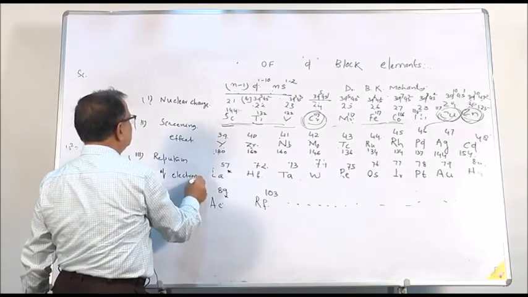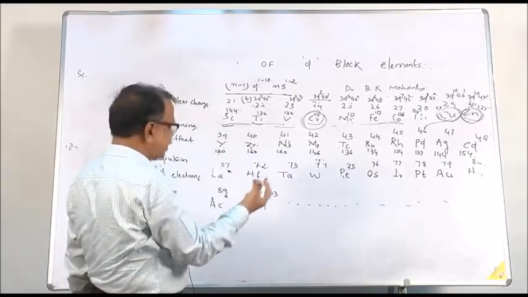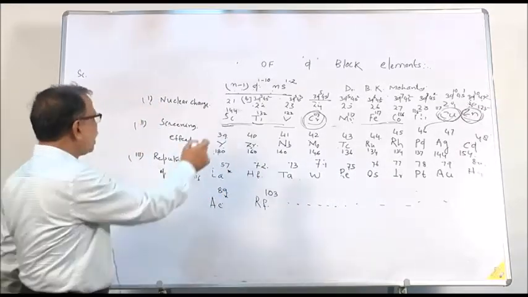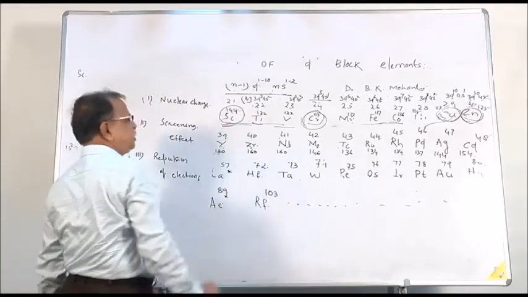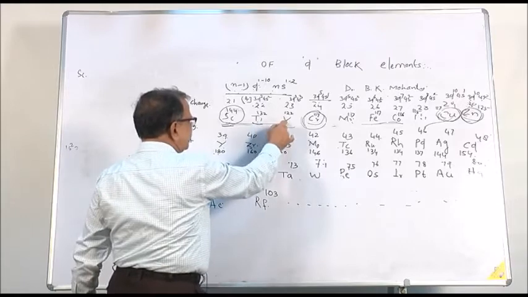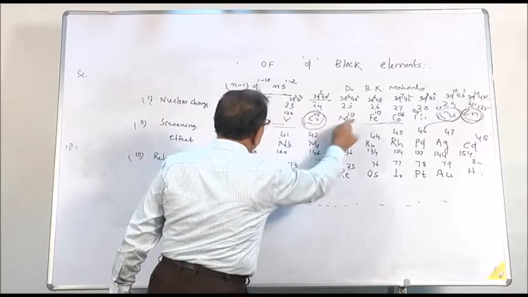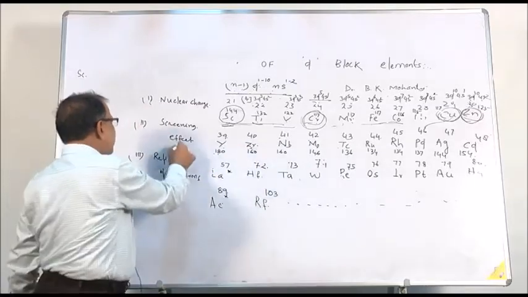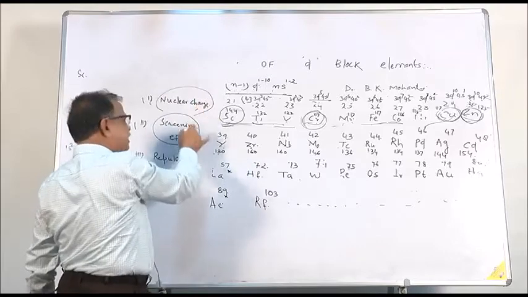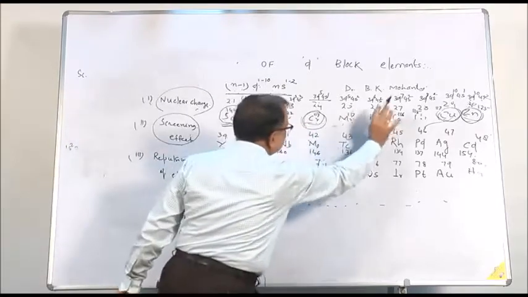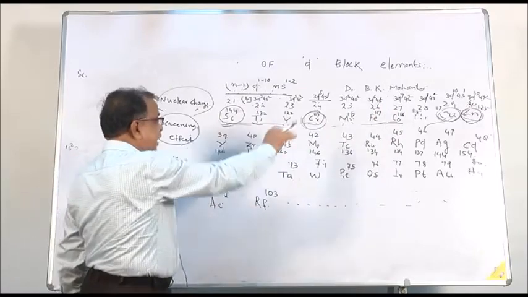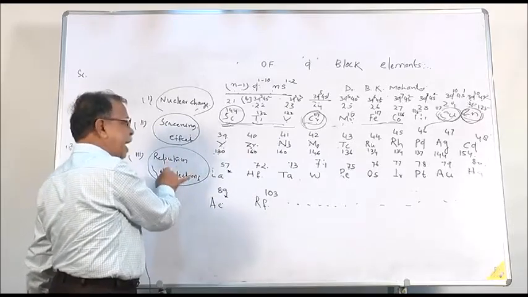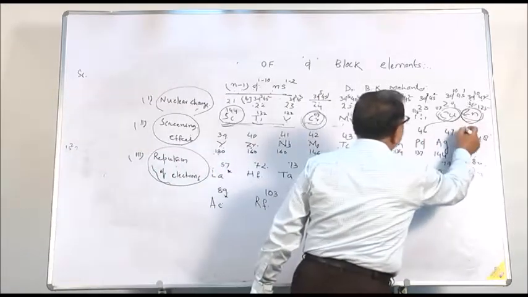If nuclear charge is more, the attraction of the nucleus toward the electrons will be more, so the size decreases. With each added d electron, the atomic number and nuclear charge constantly increase. When the screening effect and the nuclear charge balance each other, the size remains constant. In zinc the size is more because there is no unpaired electron and repulsion of electron pairs increases the size.